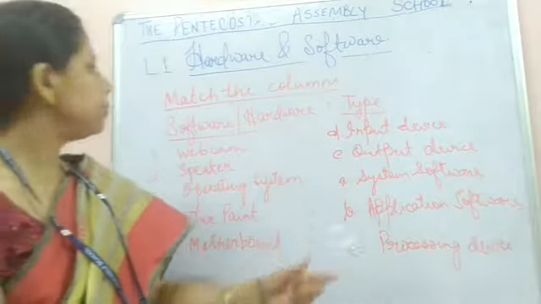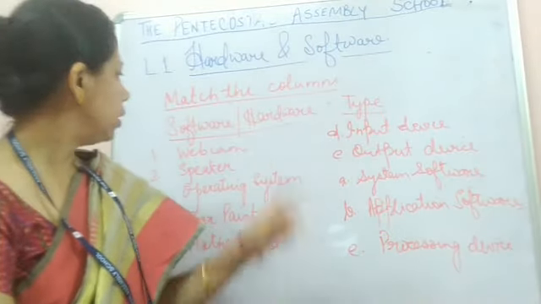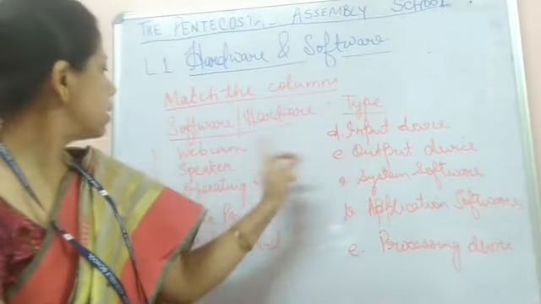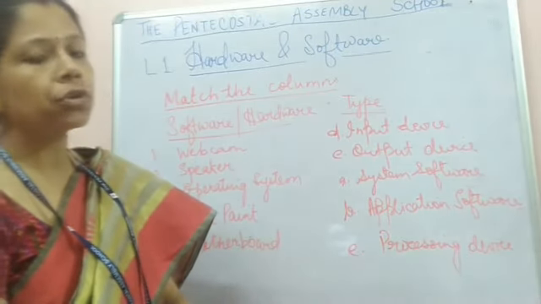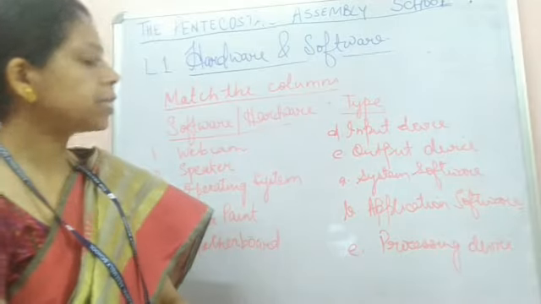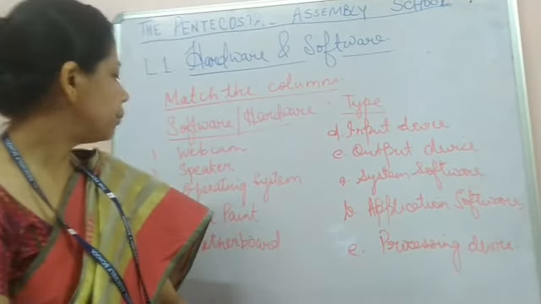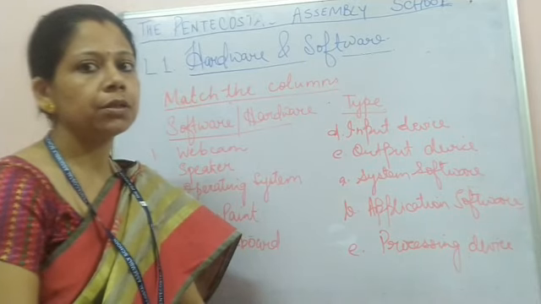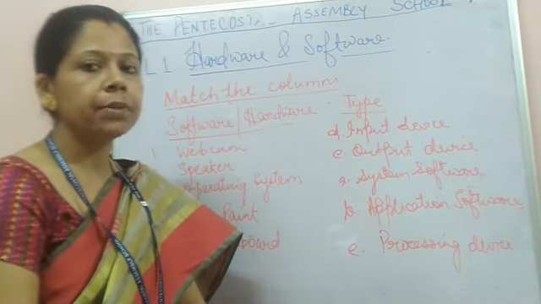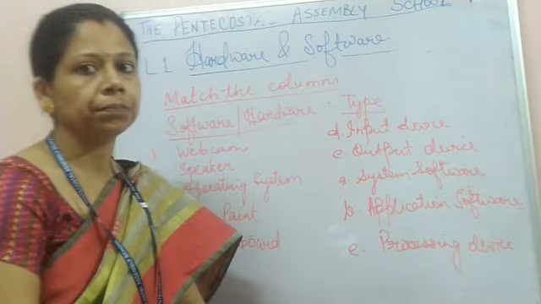Hardware and the type. Please match it accordingly. Webcam is the input device. Speaker is the output device. Operating system is the system software. TuxPaint is application software. And motherboard is the processing device. Please do both exercises B and C in your book.